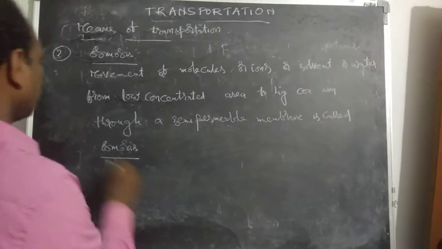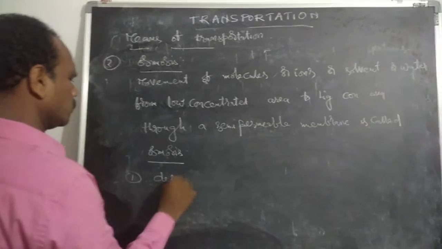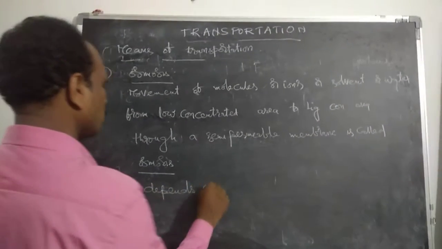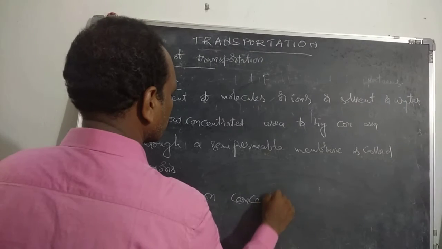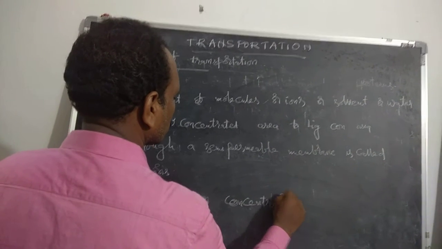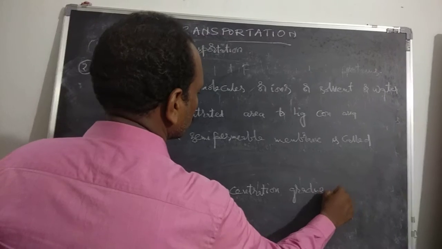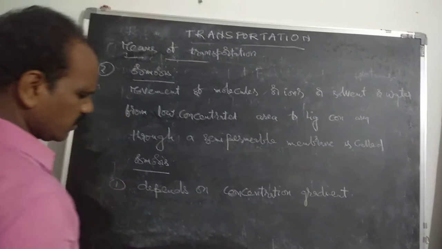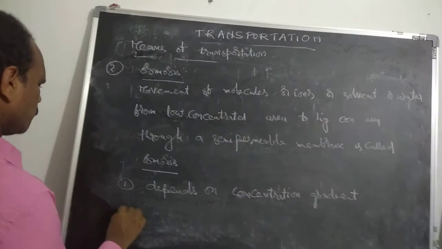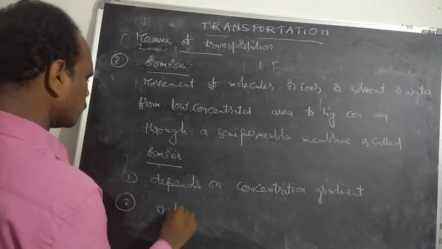Osmosis mainly depends on concentration gradient. The example is water absorbed by the plants.